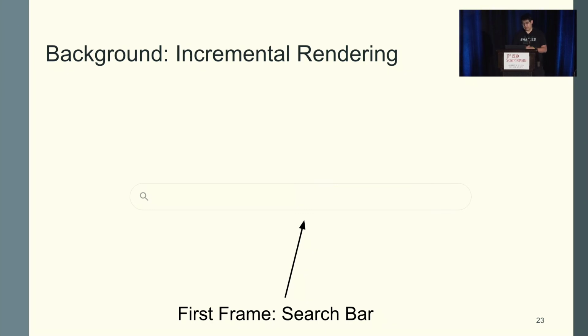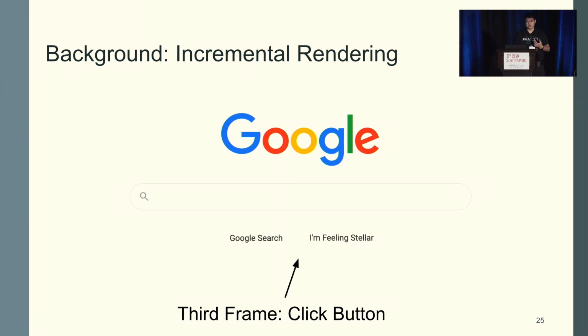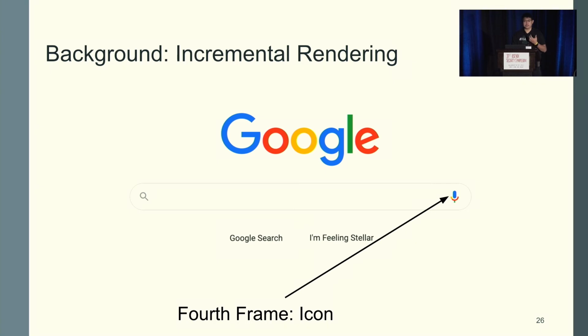For example, on the first frame, it just renders the search bar. And then in the next frame, it will render the logo. And then it will render the click button. And then it will render the icon. Because each frame renders different elements and has a different rendering workload, we can catch a rendering pattern according to the website.